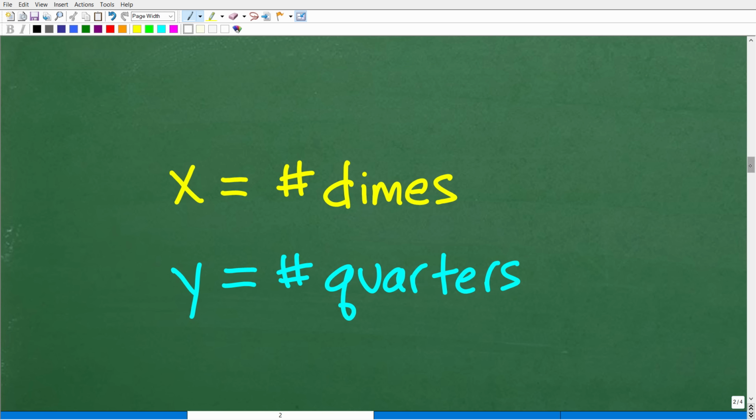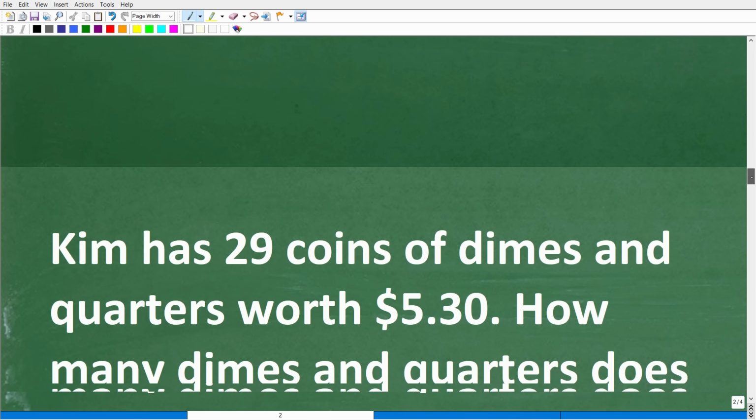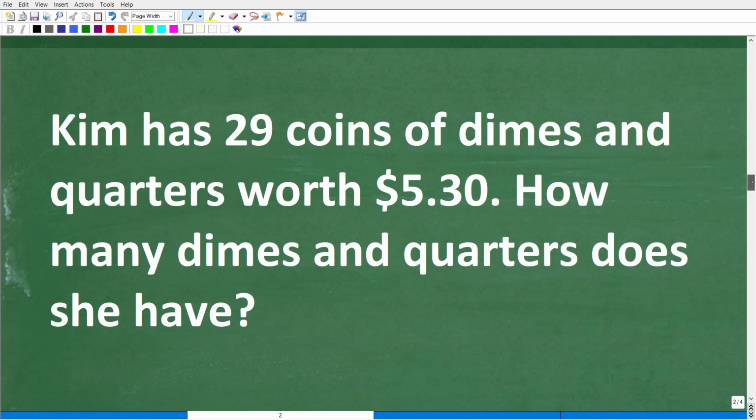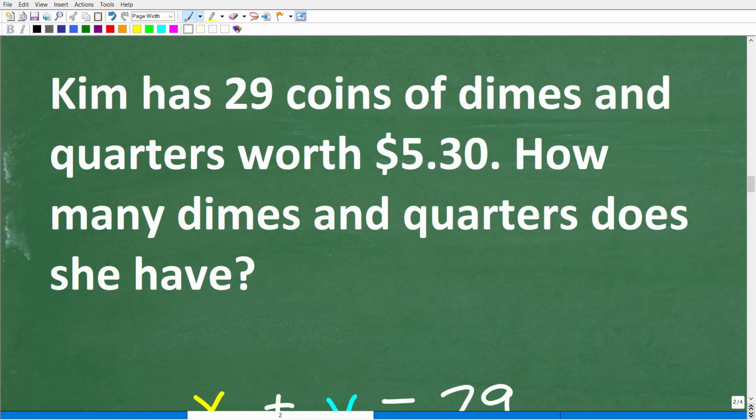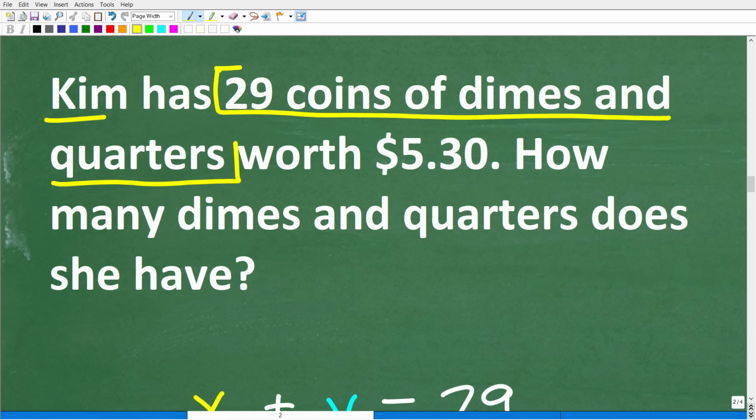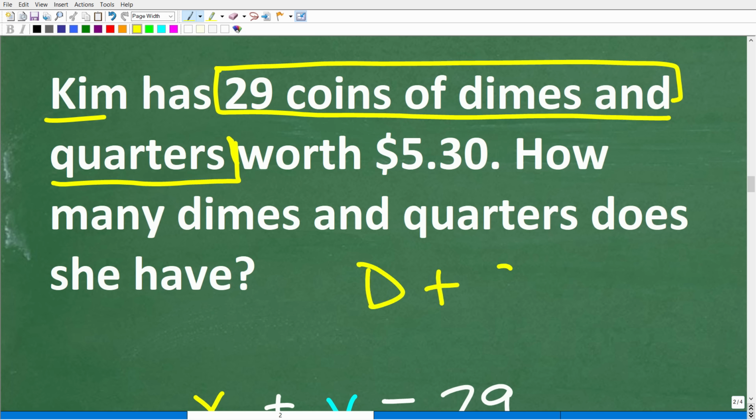So we need to go back to the information in the problem to look for relationships here to build some equations. So what's an obvious one? Well, Kim has 29 coins of dimes and quarters. So she has 29 dimes and quarters. So maybe like dimes plus quarters is equal to 29, right? Now this is the number of dimes and the number of quarters.